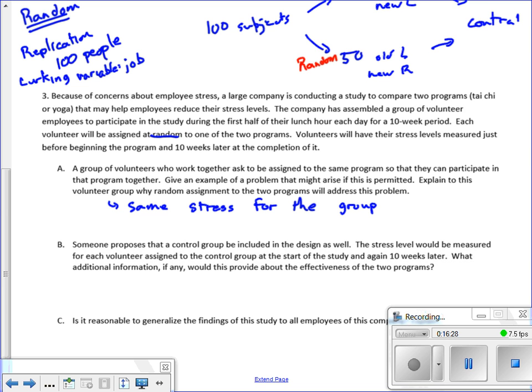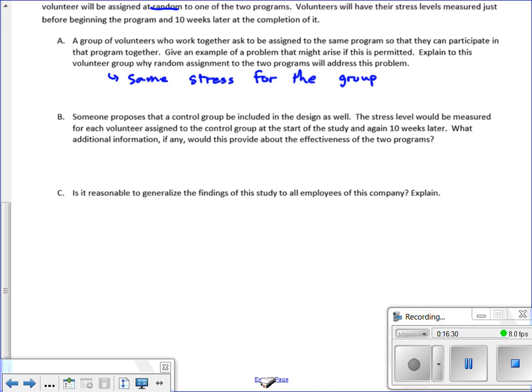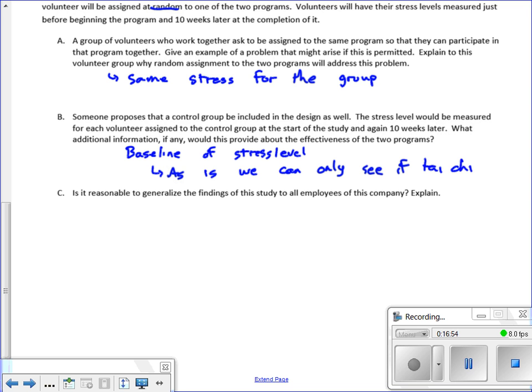Someone says, hey, maybe a control group should be thrown in here. And the beauty of a control group would give you that baseline of stress levels. As is, we can only see if Tai Chi is better or worse than yoga.